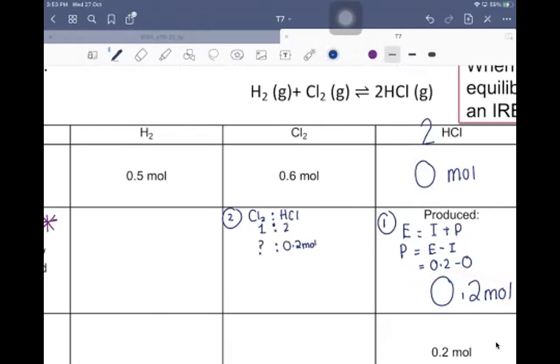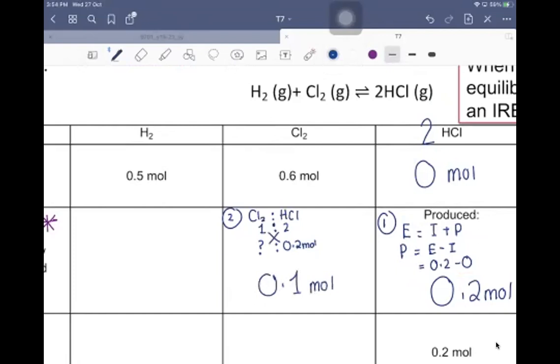What is the number of moles of chlorine that must have reacted to get me 0.2? Some of you may be able to see this quickly even without calculation. Chlorine is half of HCl. So you can do cross cancellation, but if not, you can just write it as 0.1 mole.